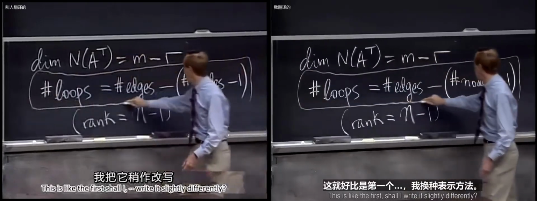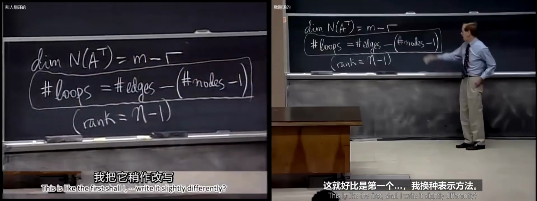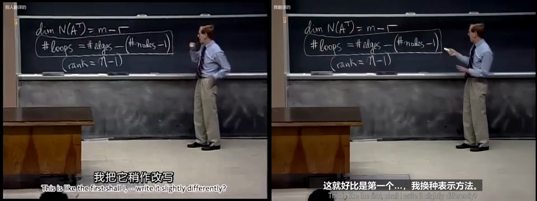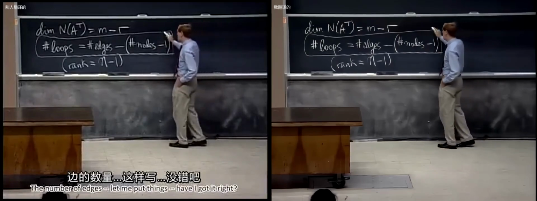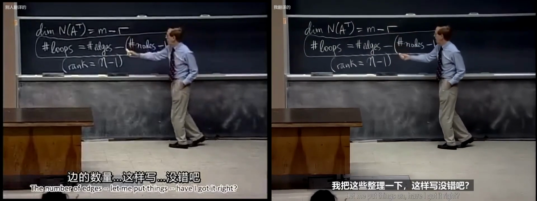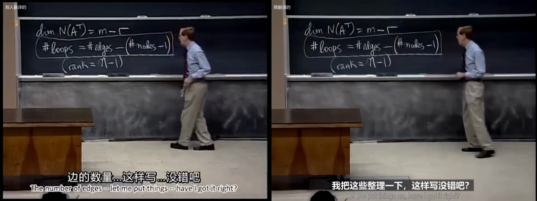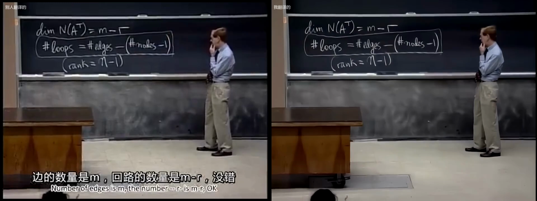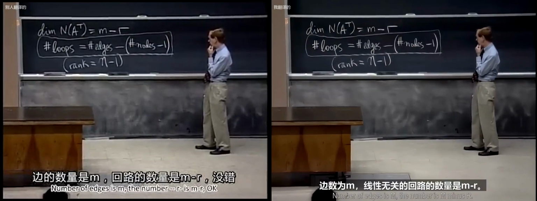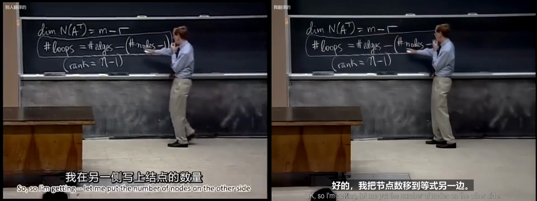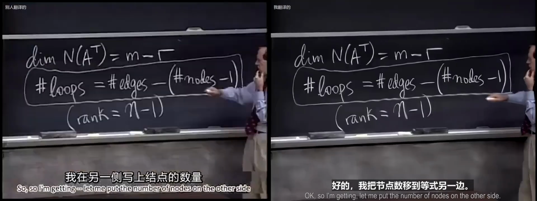This is like the first. Shall I write it slightly differently? The number of edges is m. The number is m minus r. Okay, so let me put the number of nodes on the other side.